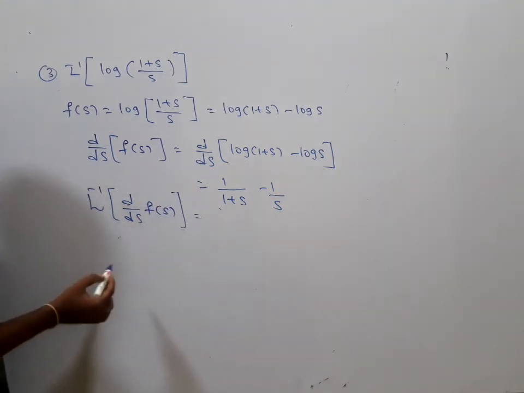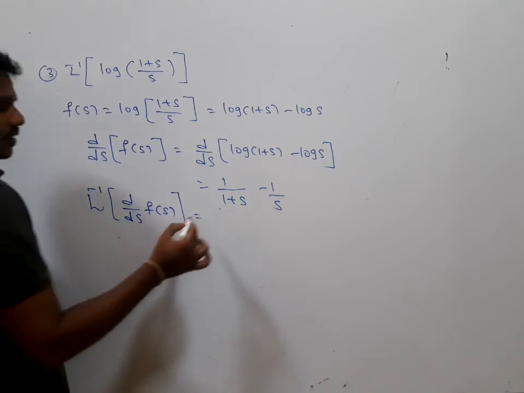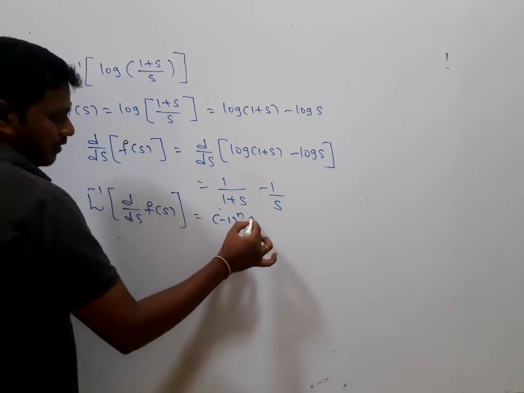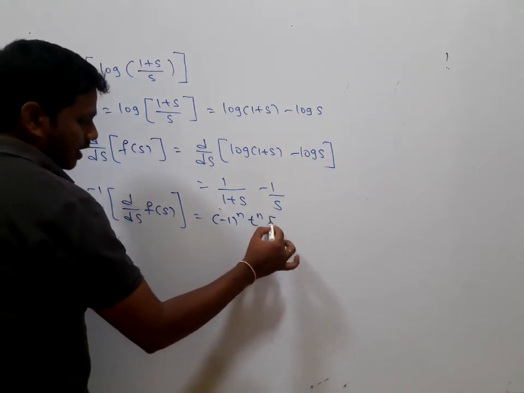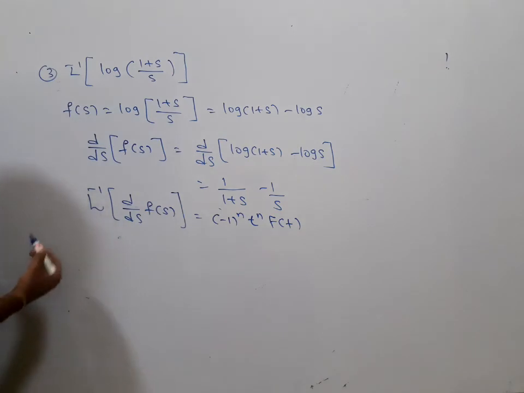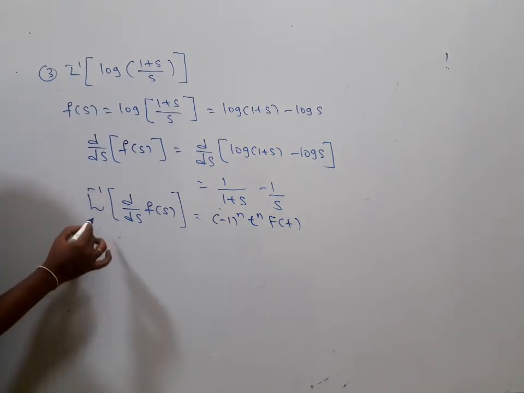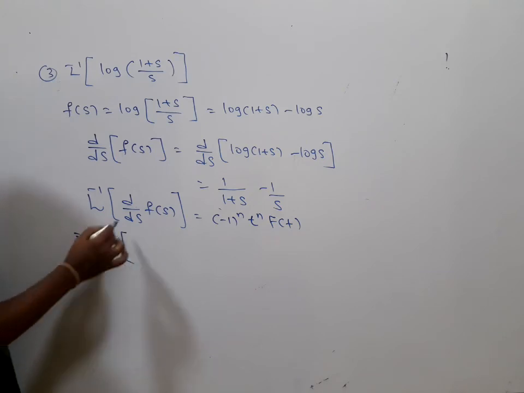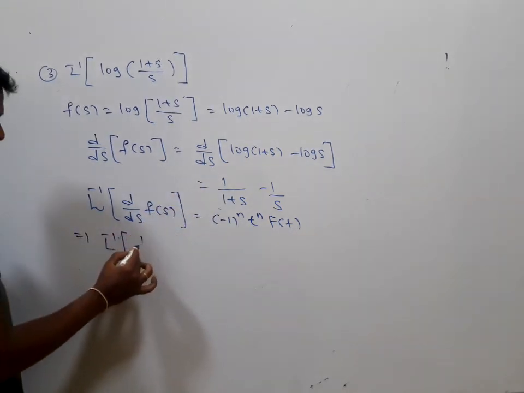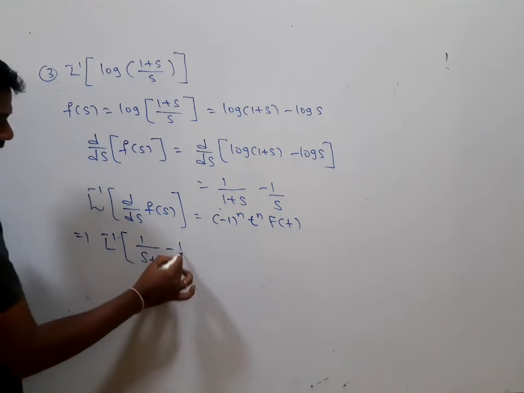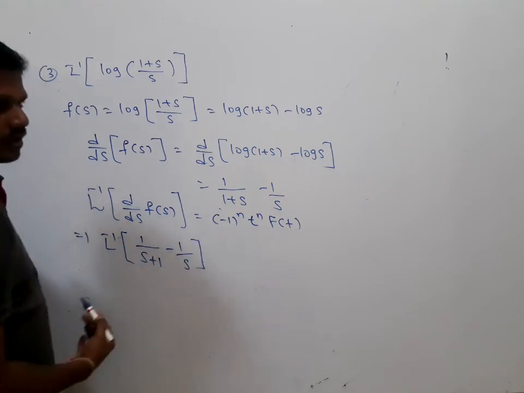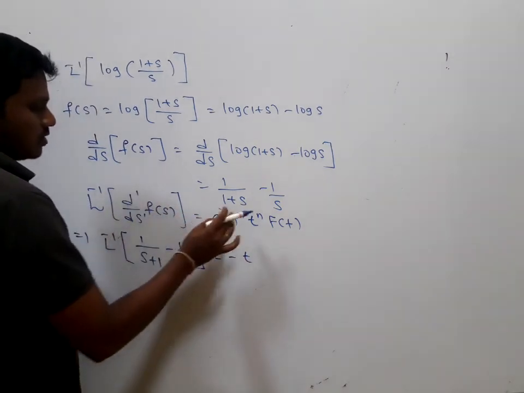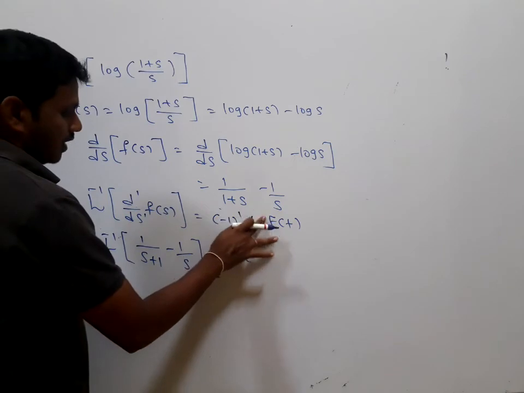what is the inverse transformation of derivatives? Minus 1 whole to the power of n, t to the power of n, f of t, right? So L inverse of d by ds of f of s, what we have, 1 by s plus 1 minus 1 by s, is equal to minus t to the power of 1; better to take n as 1.